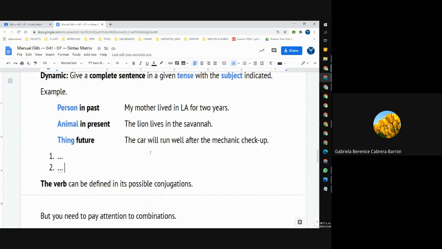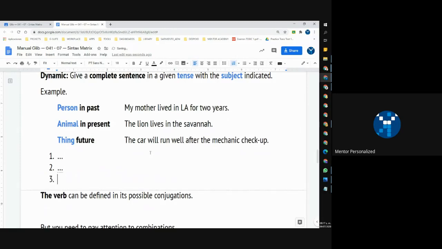Very good. In the last session. My book was opened in the last session. Very good.